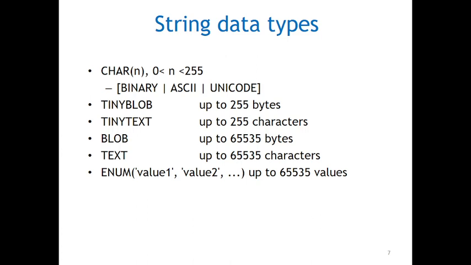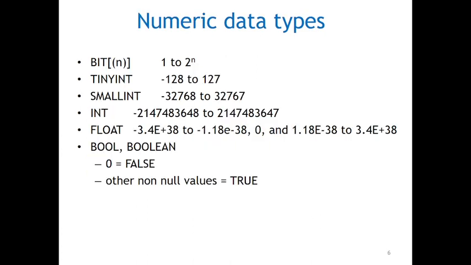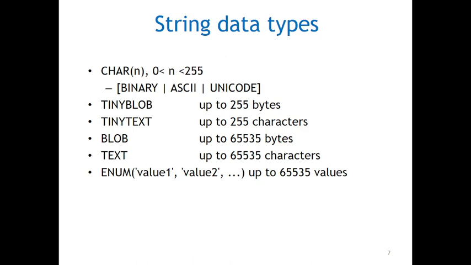String data types are this one. If you are storing characters, you can use these. Character, for male, female, like that, if you are storing gender. Blob is to store pictures.